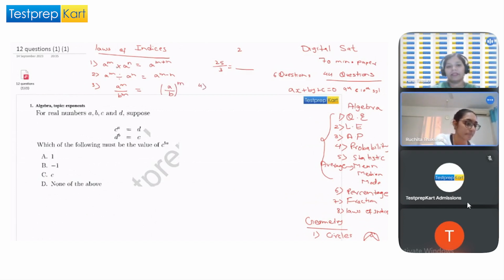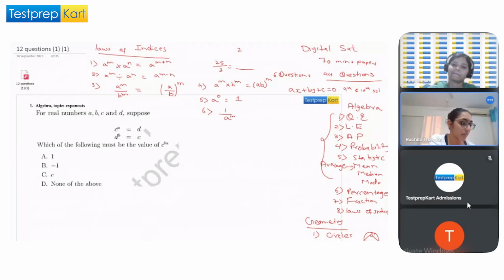If it is multiplication, then in the same way we multiply, a b raised to m. And what will be a raised to 0? 1. And a raised to minus m? It'll be 1 upon a raised to m.